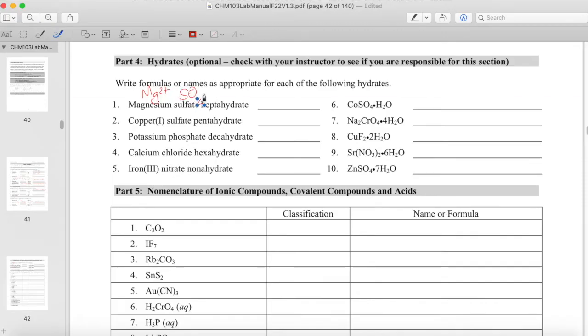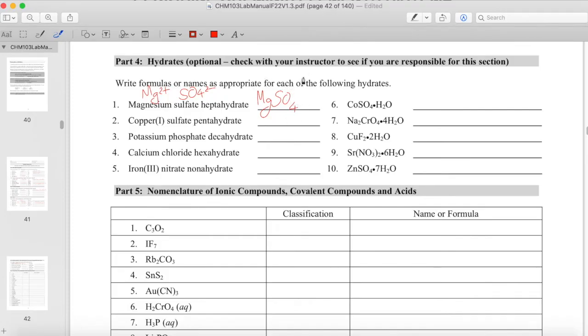And it's SO4 with a 2- charge. So when we balance this out, well, 2+ and 2- balance out pretty easily. So it's just MgSO4. Please note the 4 here doesn't mean there are 4 sulfates. SO4 is one thing.